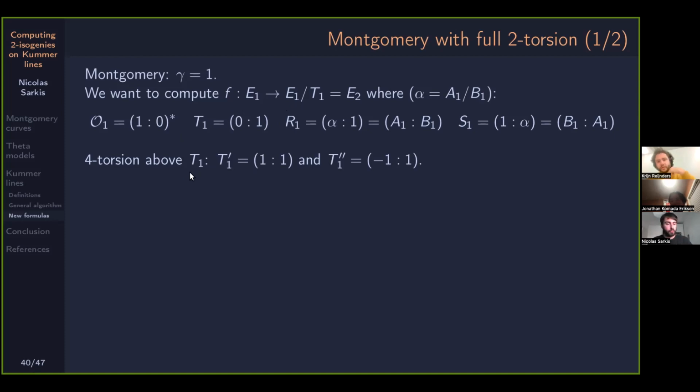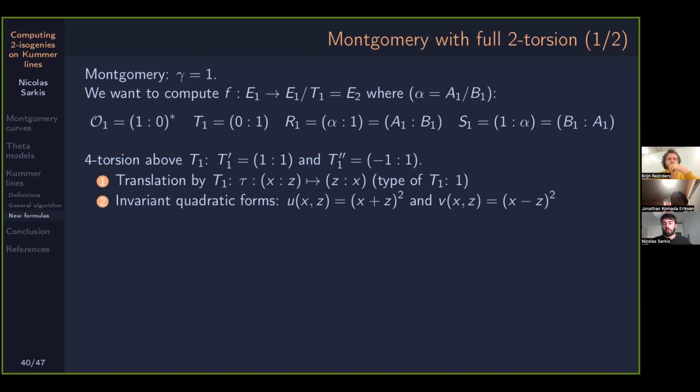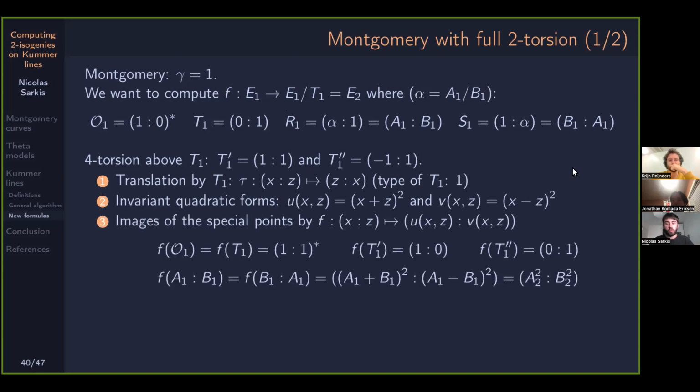And if you do every step like previously, first you compute the translation by T1, it's just a simple map. Then you find some invariant quadratic forms. These two are working and they are not collinear. And then you build F with the previously found quadratic forms. You compute the images of the points. So you get 1, 1, 1, 0, 0, 1, and A2 squared, B2 squared.